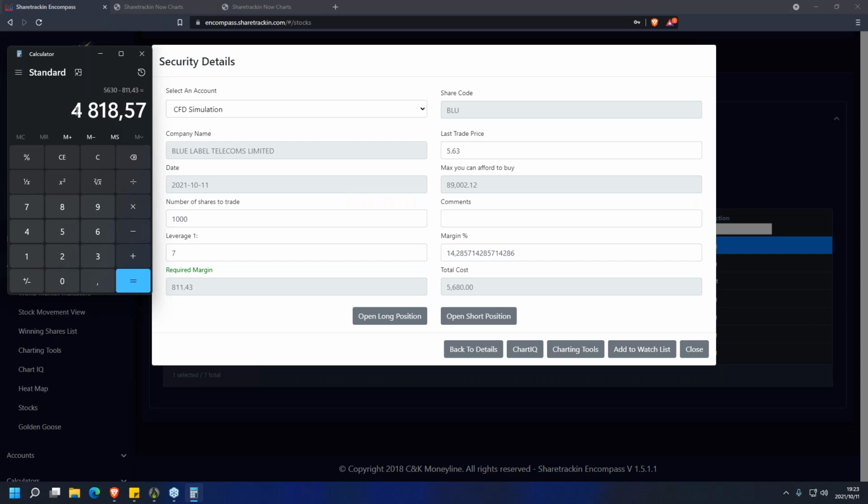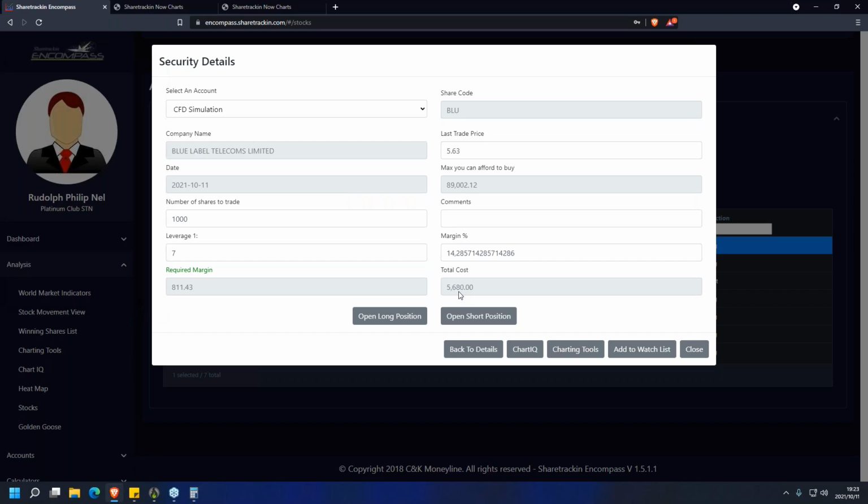If you're trading through the bank, through Standard Bank, it's 57 Rand 50 for your buy and 57 Rand 50 for your sell. So they will be taking that amount plus 115 Rand. So you obviously will take the profit for whatever comes out of the 5,680.